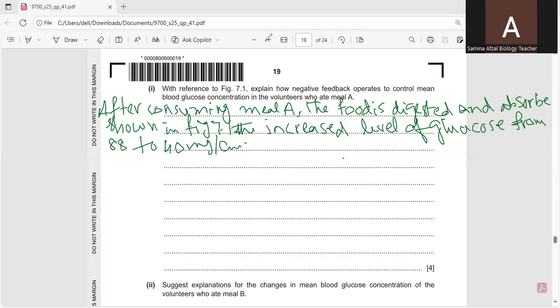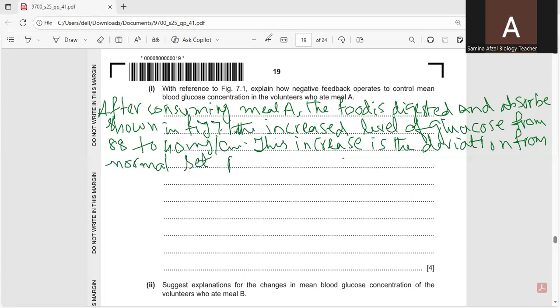So this increase is the deviation from the normal set point.